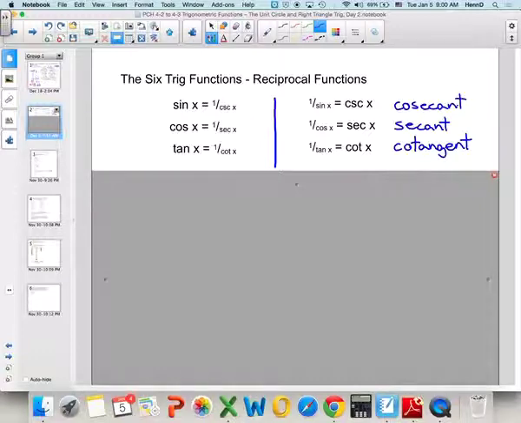You can see there how to spell it, cosecant. Now, the reciprocal of cosine is secant. And finally, this is the easiest one to remember, the reciprocal of tangent is cotangent.